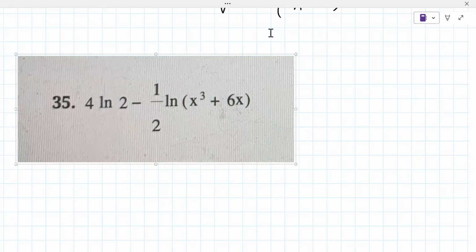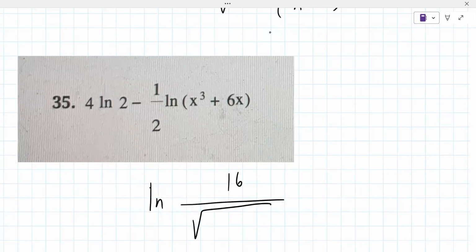The natural log of 16 over the square root of x to the 3rd plus 6x. Very good, perfect. So I feel like you have it, so we can move on to the 43 through 49 grouping.